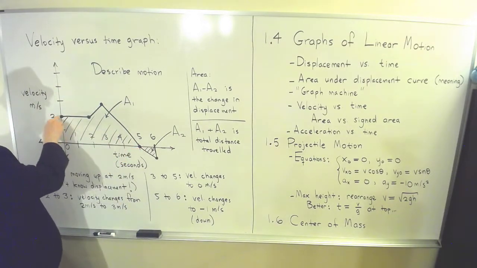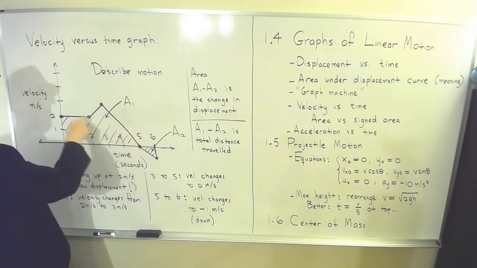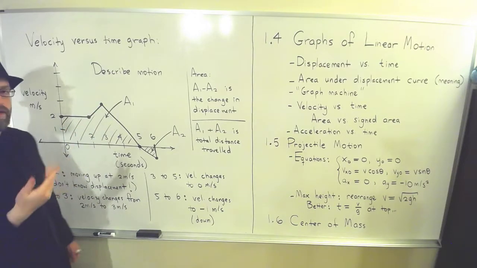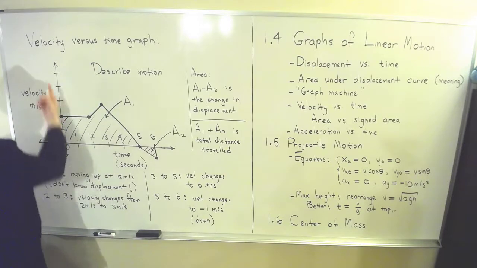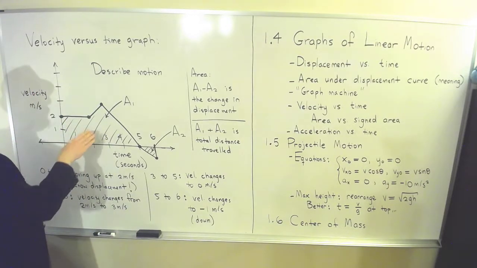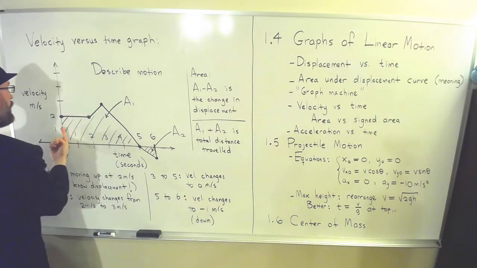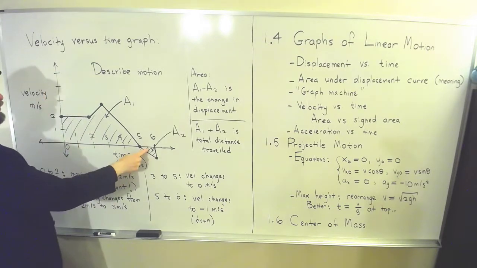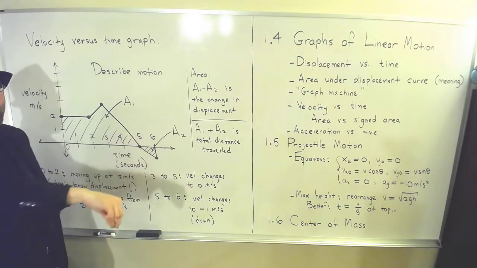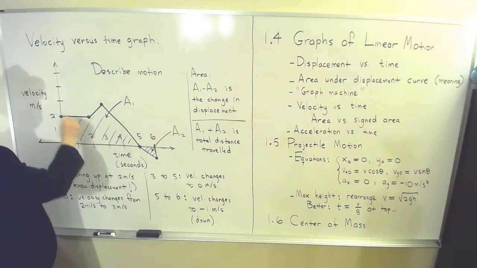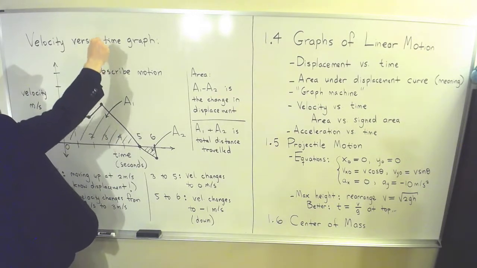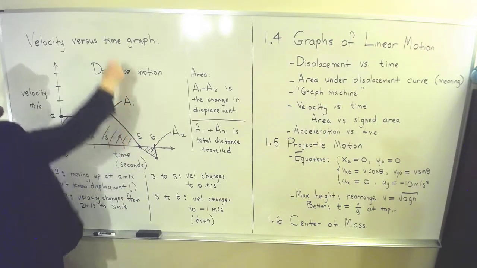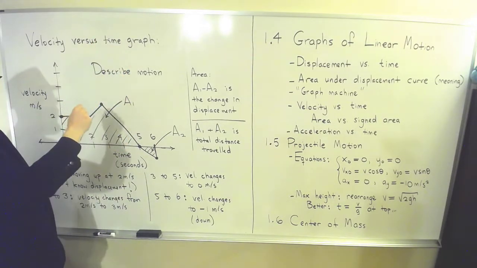Because this whole time the curve is up above the axis, the velocity's in the positive direction, which we've agreed is the vertical direction here. And so that means it's moving up. This whole time it's moving up, well, except in this little part here, where it's moving down. If you watch what the particle does, it's going to move up for a while, and then it's going to slow down to a stop here. And then it's going to move down a little bit.